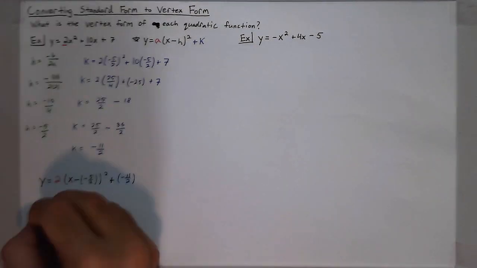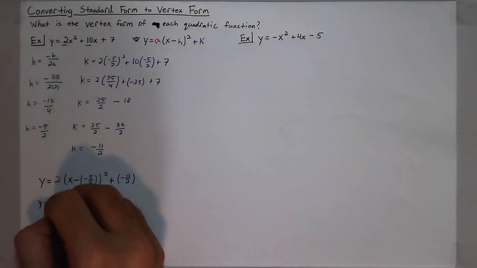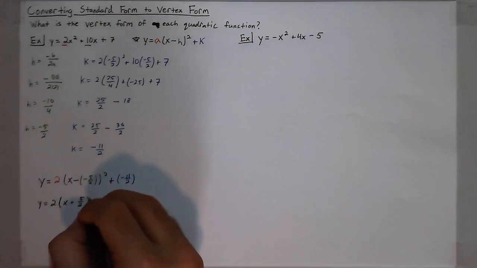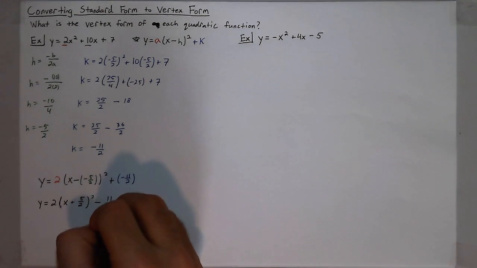So going through, I'll have y is equal to 2 times x plus 5 halves squared minus 11 halves.